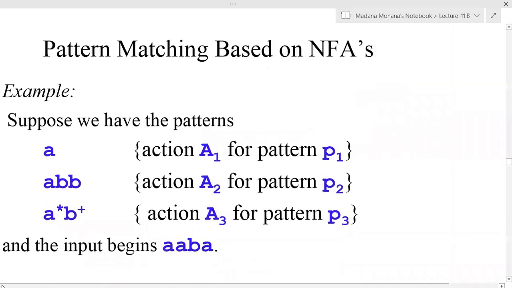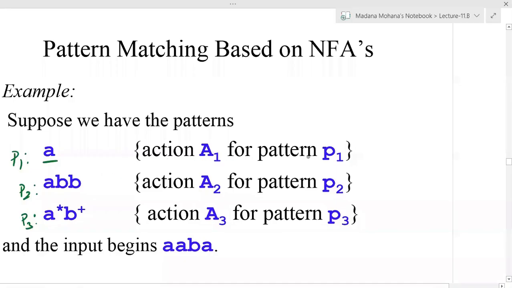Now let us recall the same example we considered here. Suppose we have the pattern A, which is pattern P1. Then ABB is pattern P2. Then A closure, B positive closure is pattern P3.